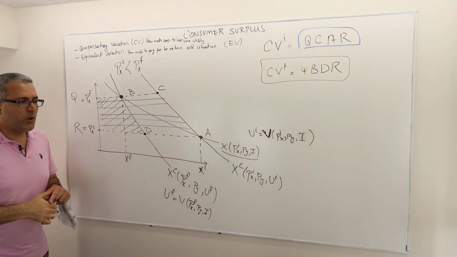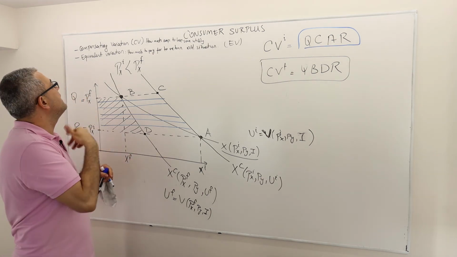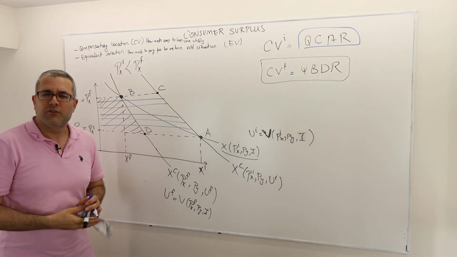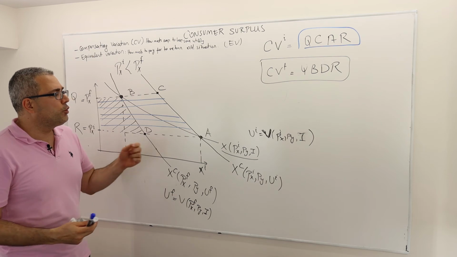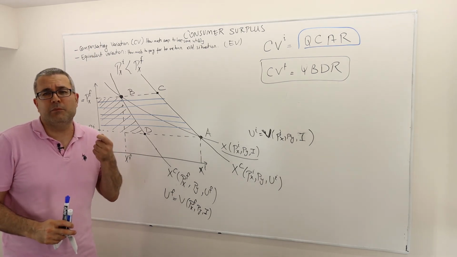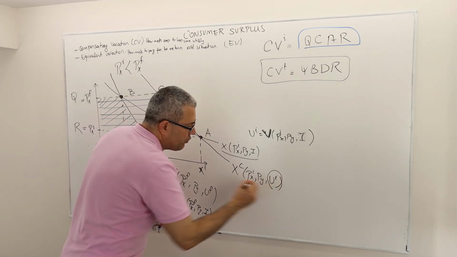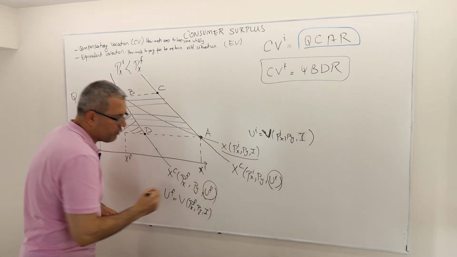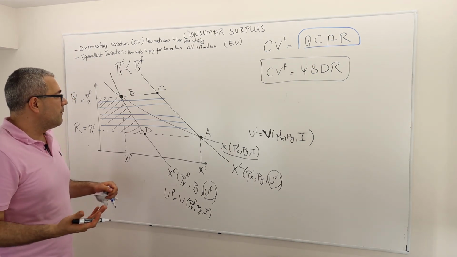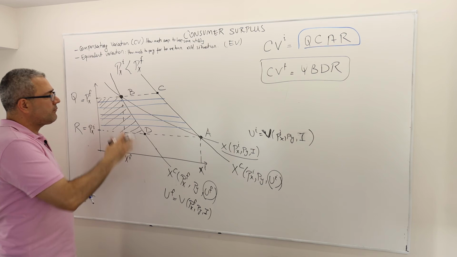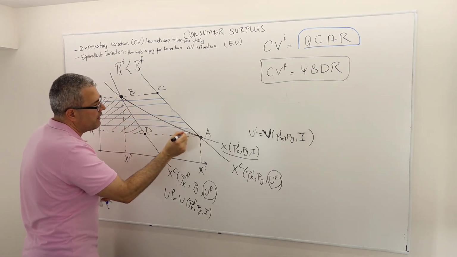So the question is, when we calculate the consumer's welfare with CV, the compensating variation, how much money we need to compensate him, which utility level are we going to take as the base utility level? Should we take the initial utility or the final utility as the base utility level? Well, there you go. The Marshallian demand curve, you see that?